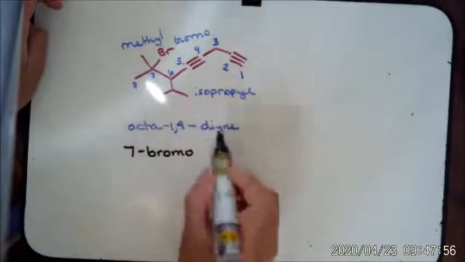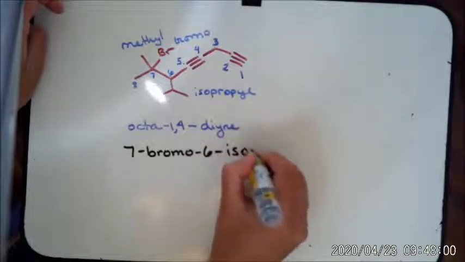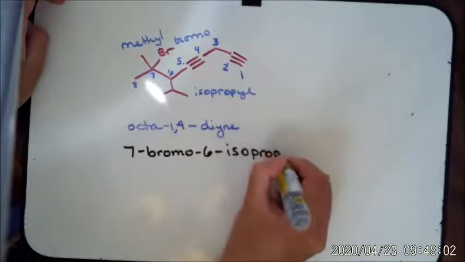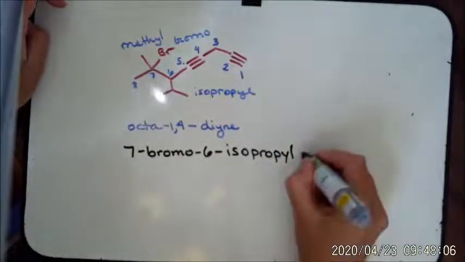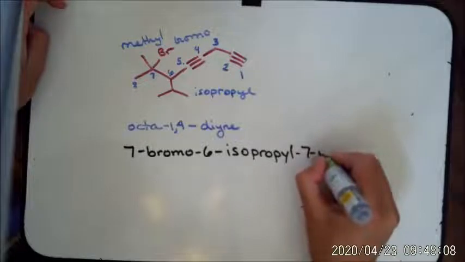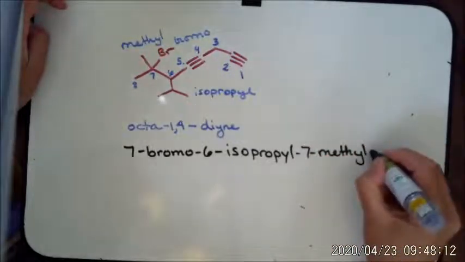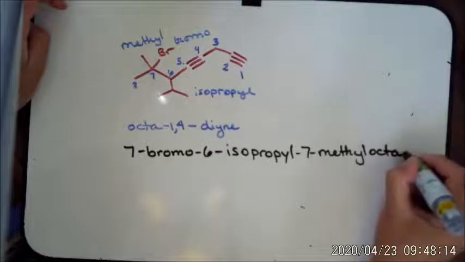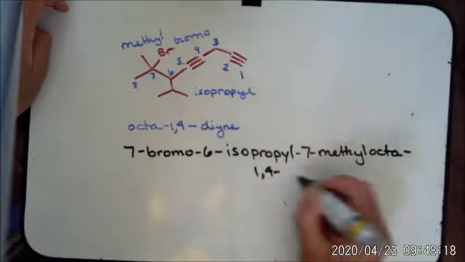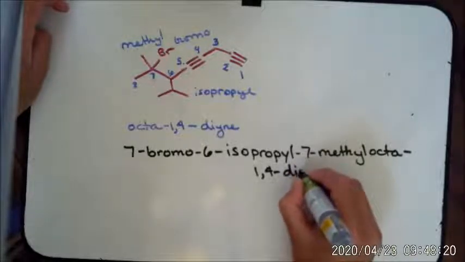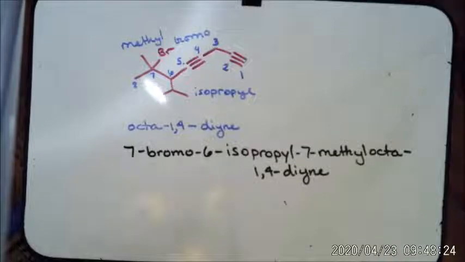Then i comes before m. 6-isopropyl. Okay. 7-methyl. Octa-1,4-diene. Okay, so that's how you would name it.